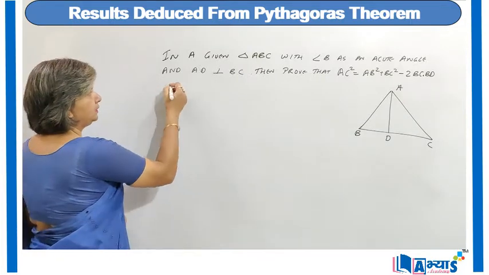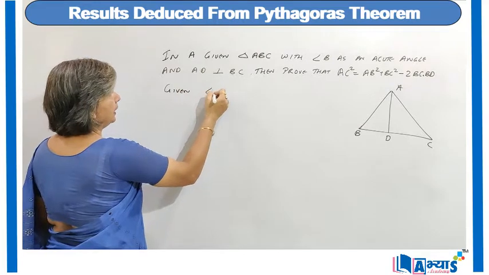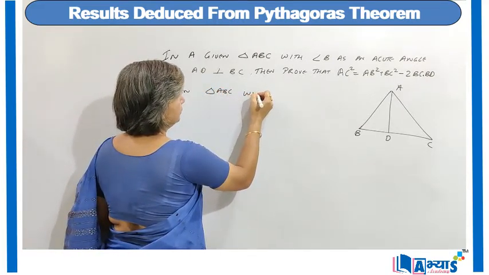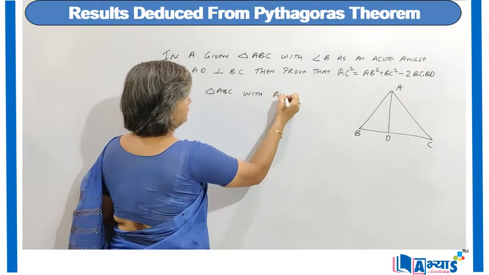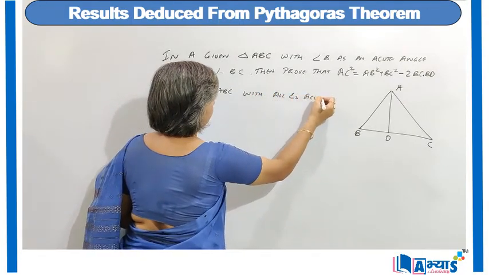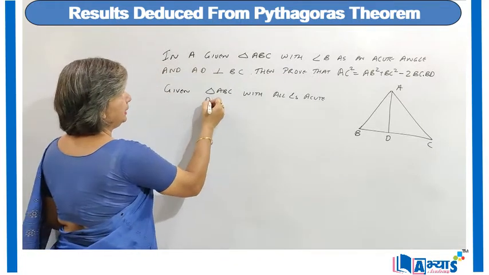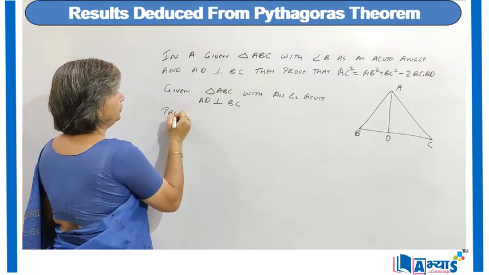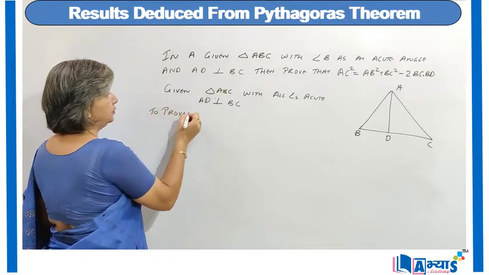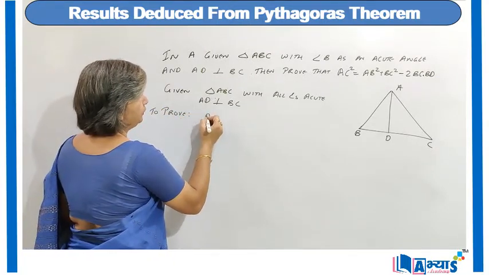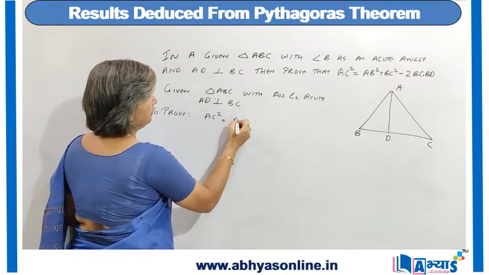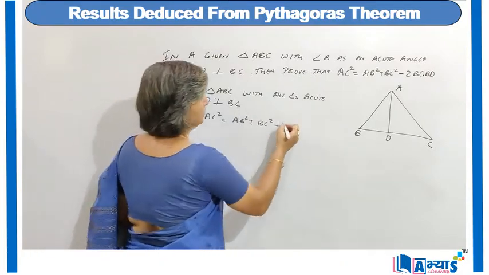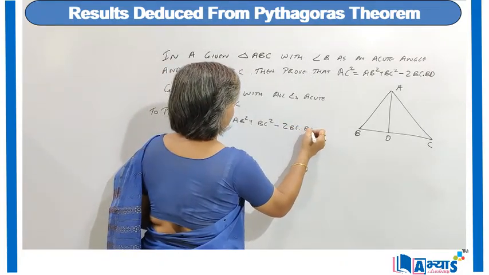So it is given to us that triangle ABC is acute with all angles acute, and AD is perpendicular to BC, and we are to prove AC square is equal to AB square plus BC square minus 2BC into BD.